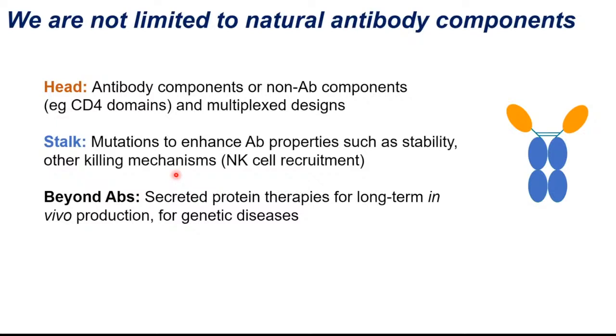There's a real area of excitement at the moment around using a different cell of the immune system that I haven't talked about, called natural killer cells. If antibodies are stuck on the surface of a cell, natural killer cells recognize the stalks of the antibodies sticking out and can come in and kill those cells as well. We can change the stalk to make it recruit the natural killer cells even more efficiently. So that's tapping into yet another component of the immune system.